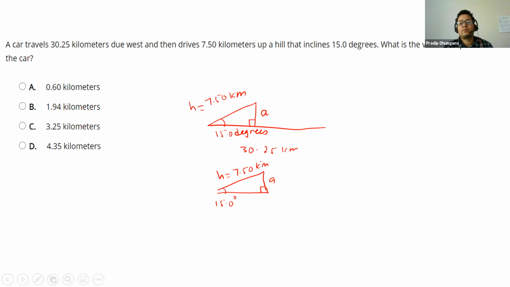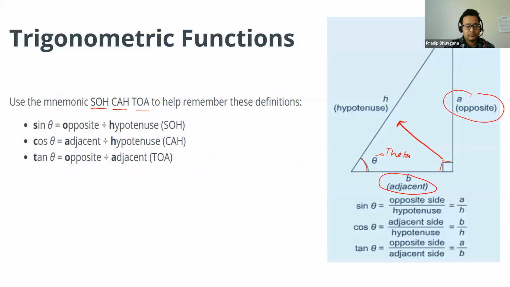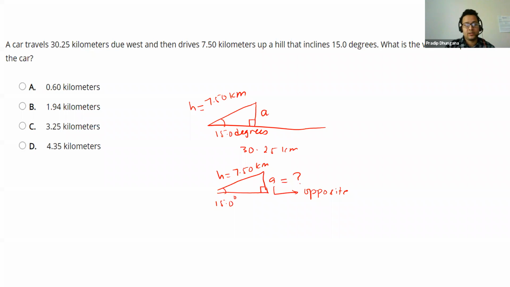Here our goal is to find the vertical displacement, that is A. H is the hypotenuse, A is opposite. Now we have to check our trigonometric functions and identify which function includes opposite and hypotenuse. You can see sine theta includes opposite and hypotenuse, so we have to use sine theta.